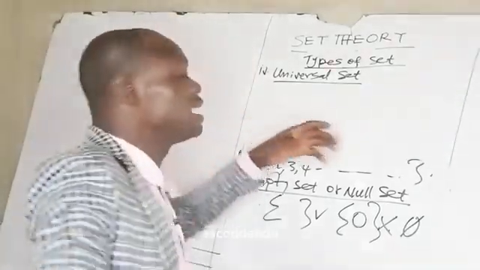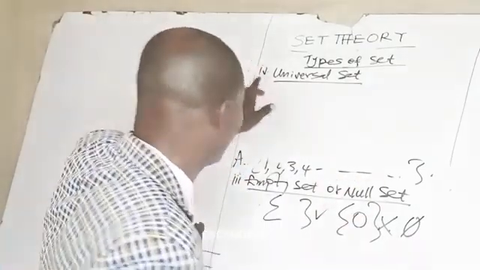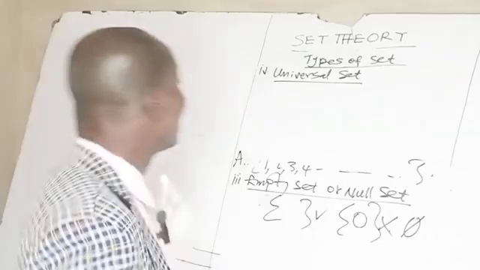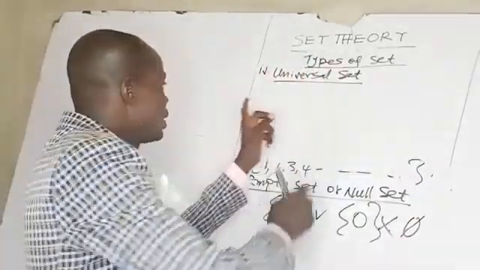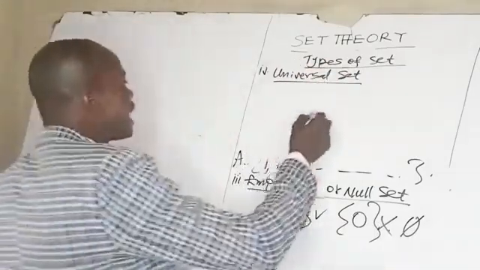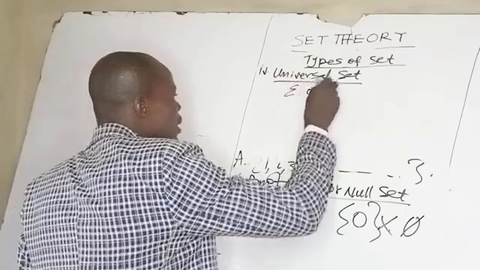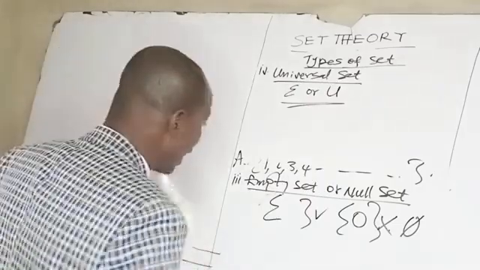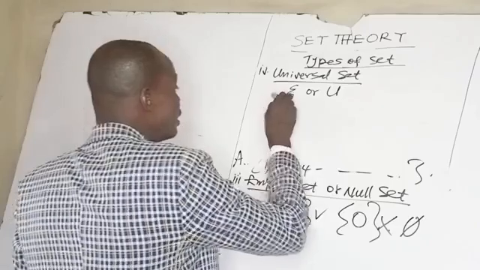It contains the totality of every other set under consideration. All members or elements in every other set are contained in this single set. That is the universal set. It may be written like this or this. And if you want to represent this in the Venn diagram, it is the rectangular region.